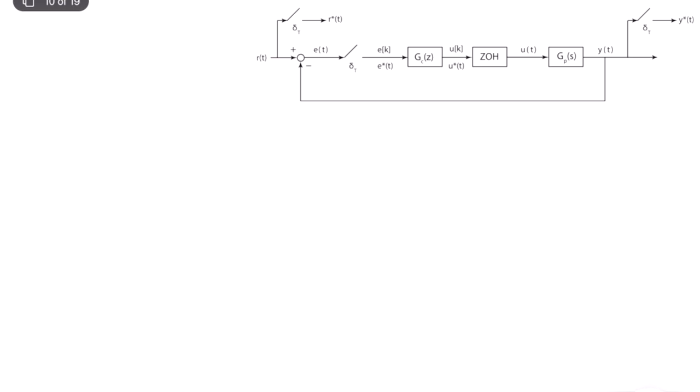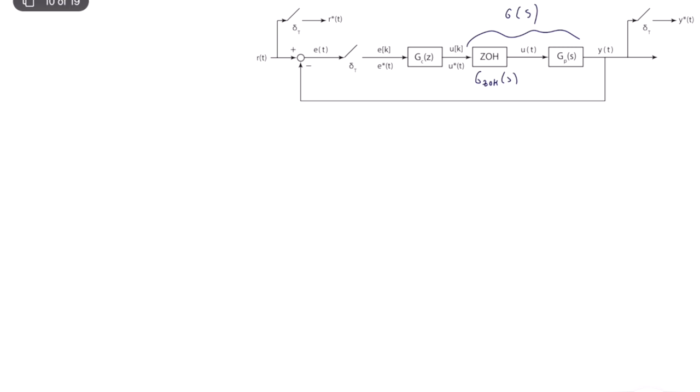So let's look at this. This is a continuous time transfer function, the plant transfer function Gp of s, and the combination with the hold is called G of s.